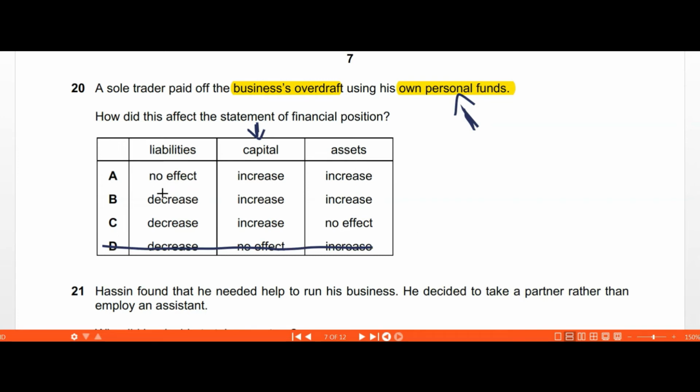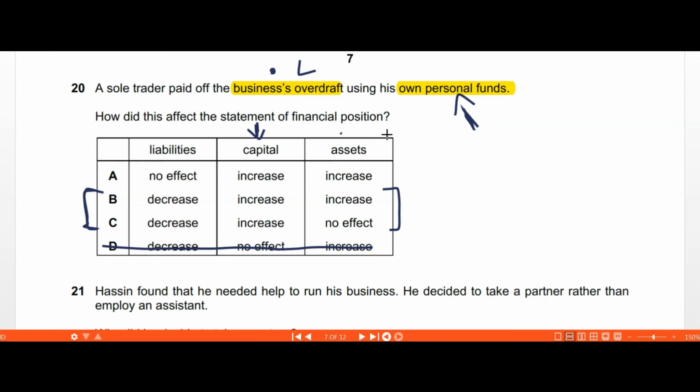Now moving on to the assets and liabilities. Because this was a business overdraft, we know that an overdraft is actually a liability. So once we have paid that overdraft, that means our liability has decreased. Again, looking at the options, this brings us down to the two options where the liabilities are decreasing, and that is B and C. So we have to go on to the last one where we look at the assets.